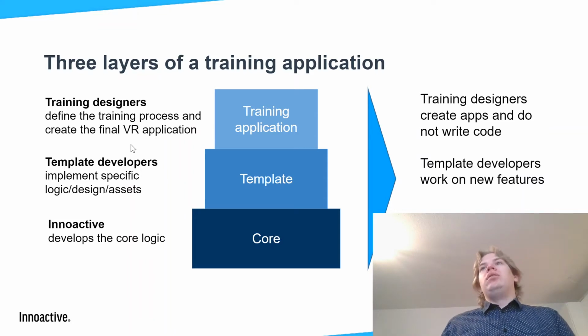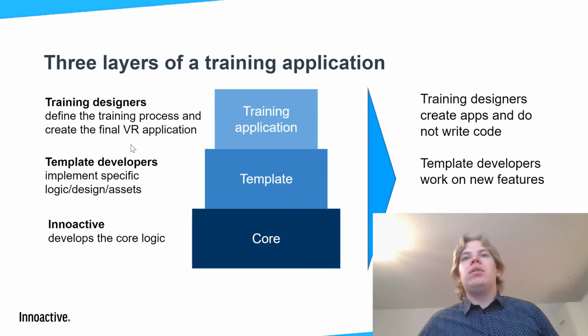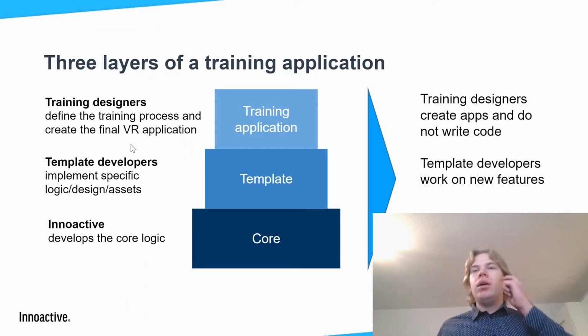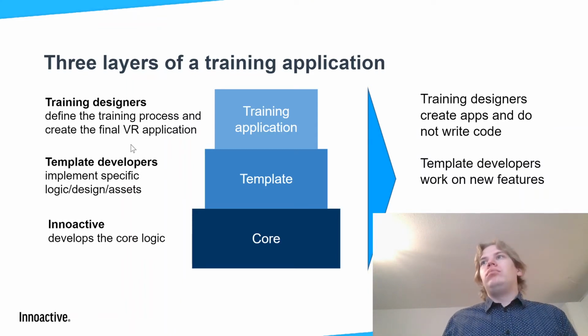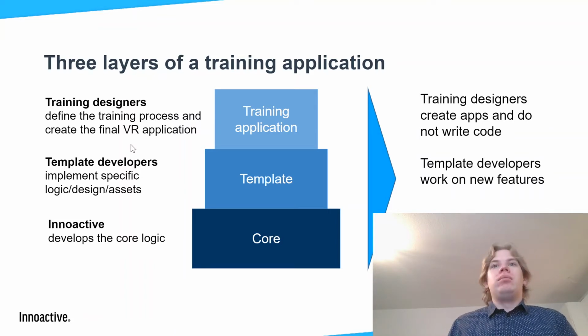Inactive Creator core is something very fundamental, something that everyone would use. So, for example, what is a behavior? What is a condition? What is a transition? Everything is defined in the core.